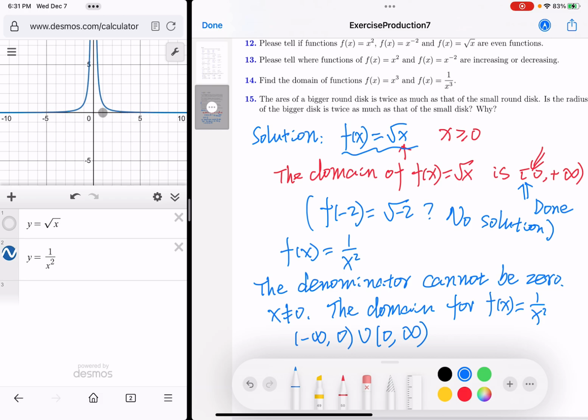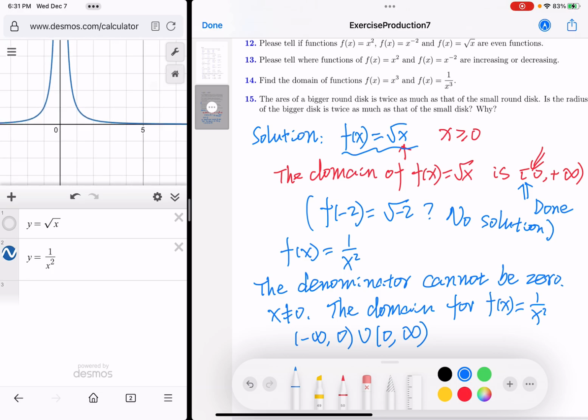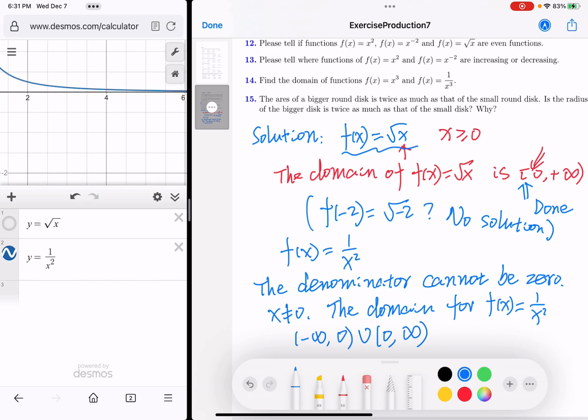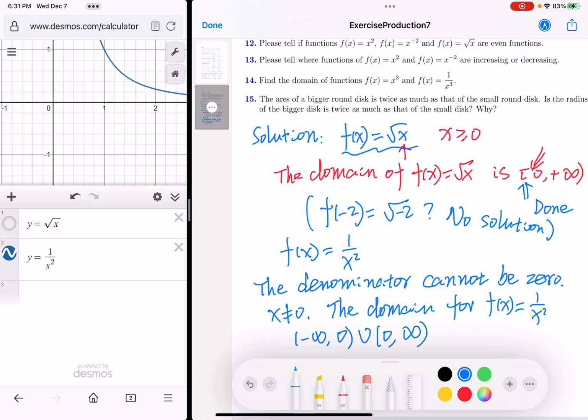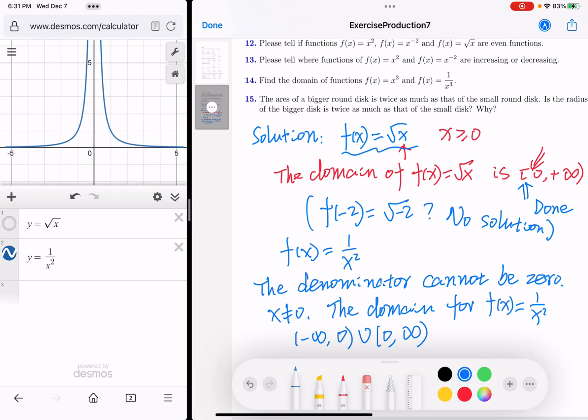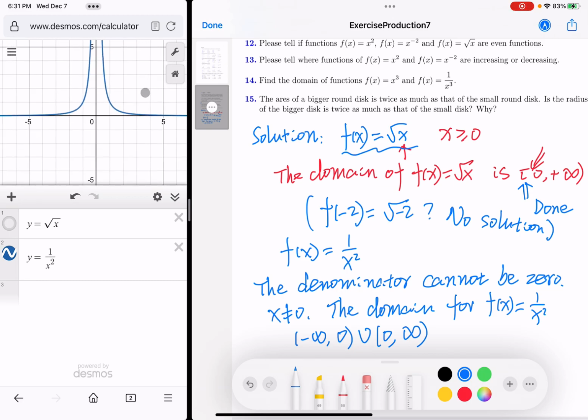The reason is because of the pixels. When you zoom in, you see they never touch the x-axis. And we can see at this point, when x is 0, there is no picture.